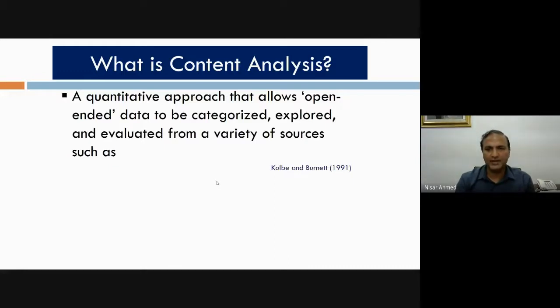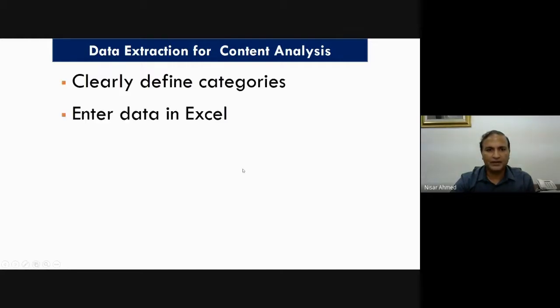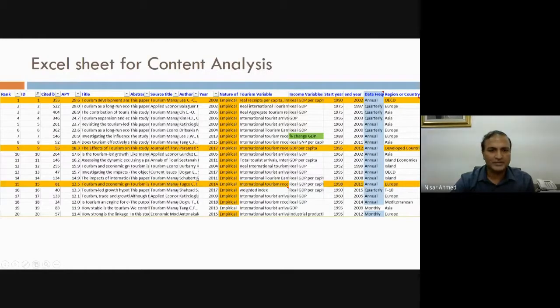We say that they are more influential papers, and we select 100 of them, and then we did the data extraction. So it has clearly defined categories. We enter the data in Excel, and this is how your Excel sheet looks when we are extracting the information.